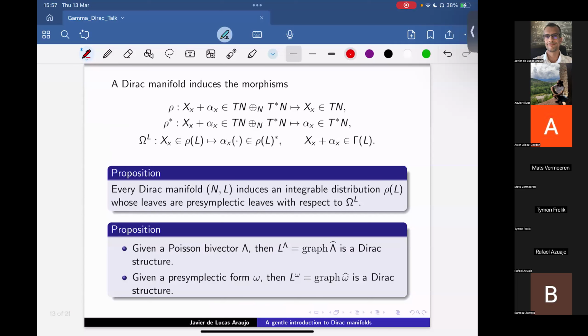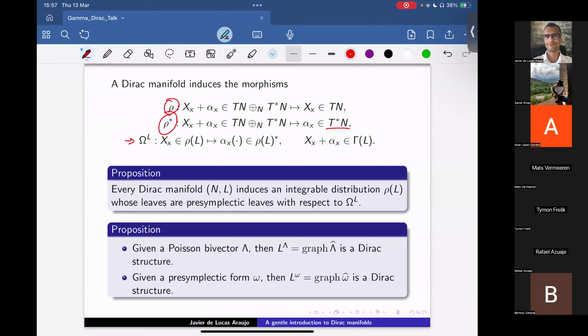So naturally, this justifies that you have to study the projection with respect to rho, the projection that is projected to the cotangent. And you can define a certain kind of presymplectic form in a certain special manner. I will go into both things in a while.